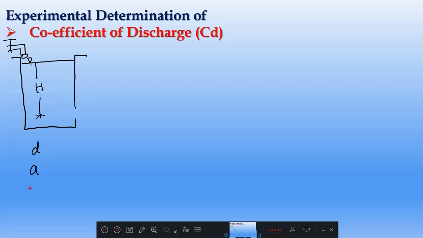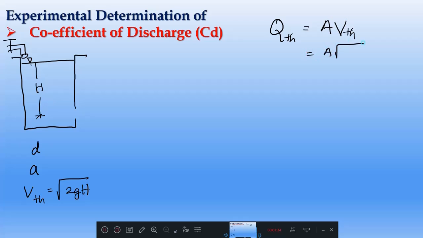If you know h, you can calculate v theoretical, root 2gh. Then I can calculate Q theoretical, very easy, that is area into v theoretical, which is root 2gh. So we got Q theoretical.